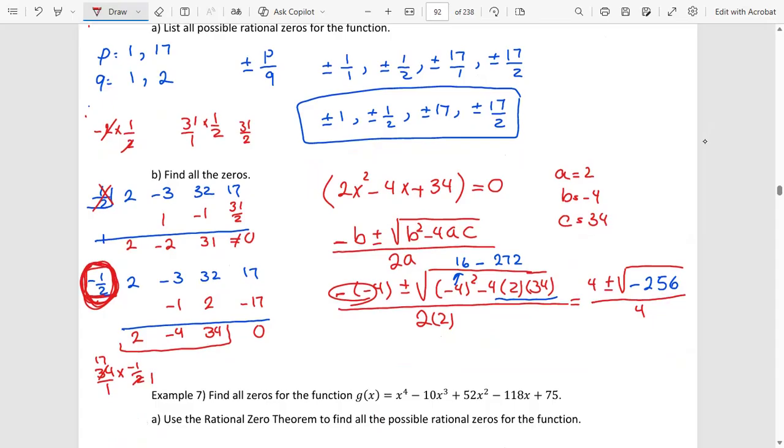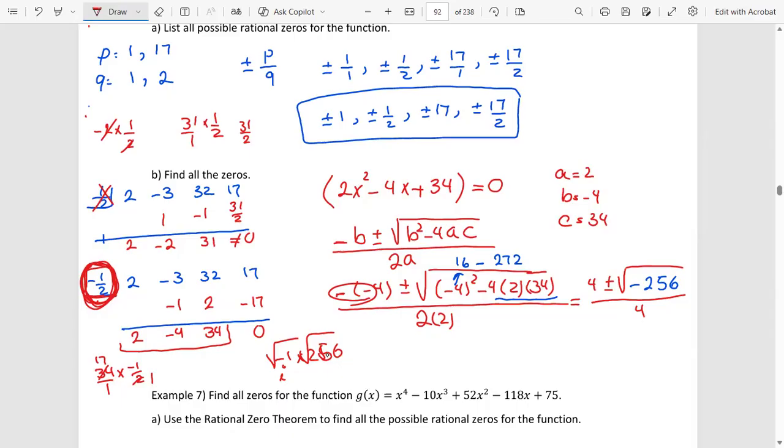So negative 256 means negative 1 times 256. Negative 1 means i, and 256, if you simplify 256, let me see. Yeah, it's 2 to the 8th power.